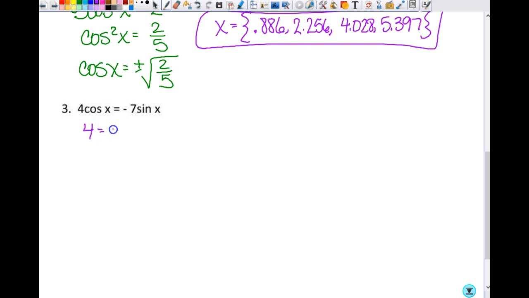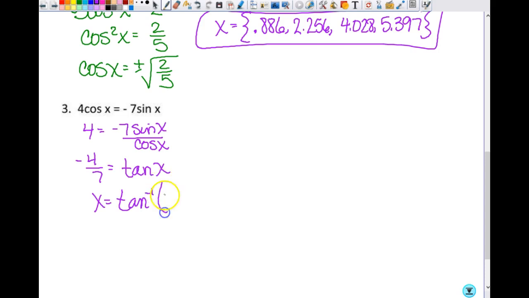I'll get 4 equals negative 7 sine x over cosine x, right? Then I can divide by the negative 7, and what is sine over cosine? Tangent. So I'm just left with negative 4/7 equals tangent of x. So x is the tangent inverse of negative 4/7.